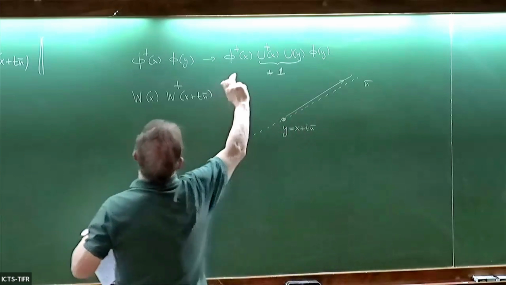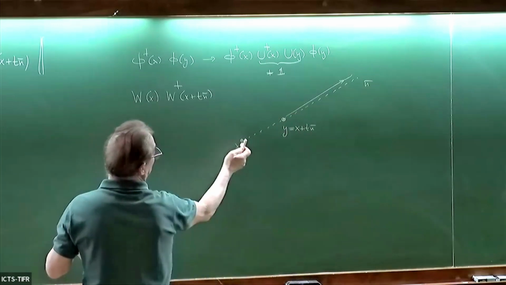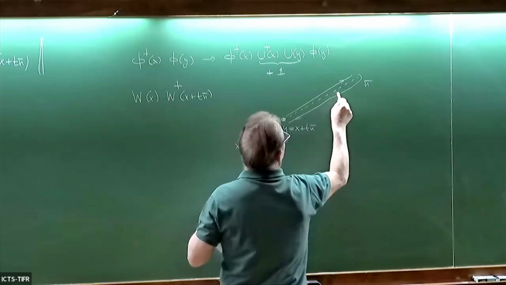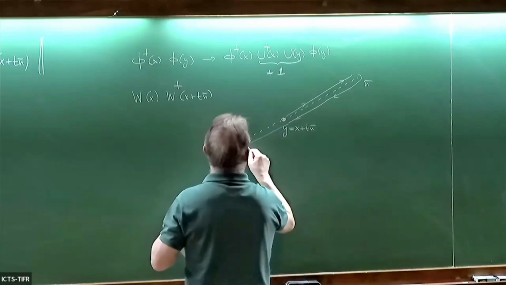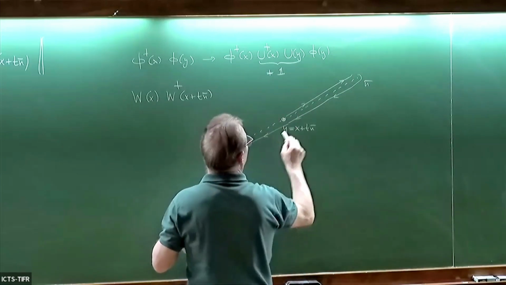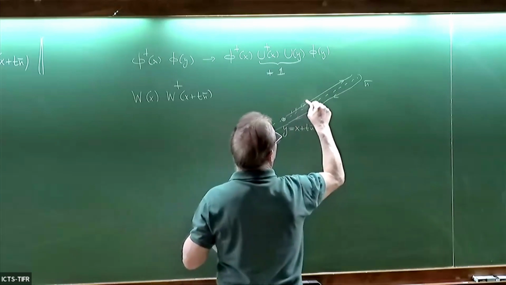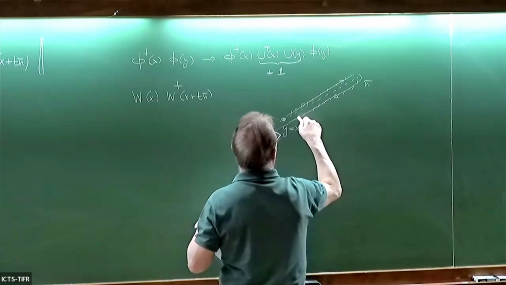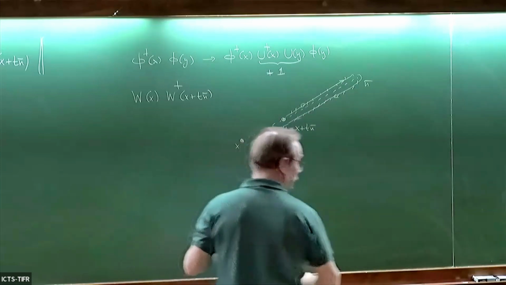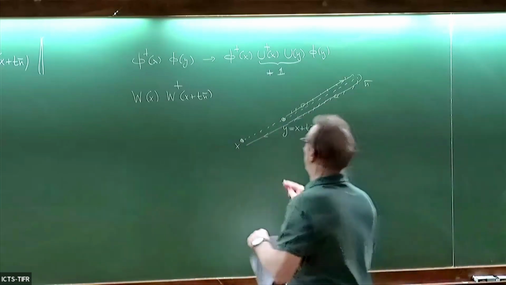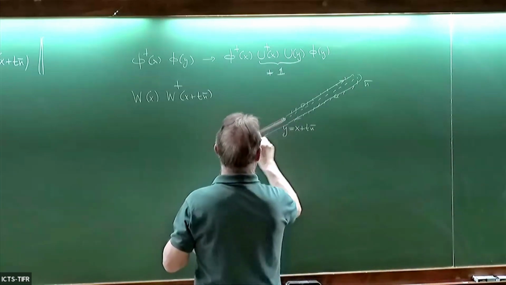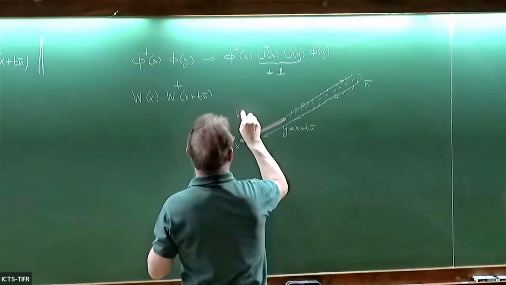And then from infinity, you come back with the second Wilson line to this point. So in a way, you turn around here and you come back to this point. And these two paths of the Wilson line cancel out, because you run them in different orders. What you end up with is a finite length Wilson line from here to there. So that's what remains, and that's called the Wilson link.